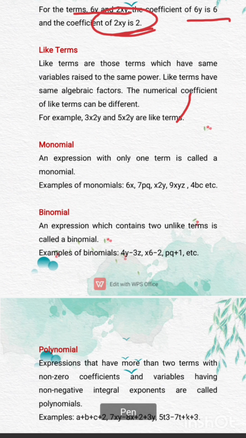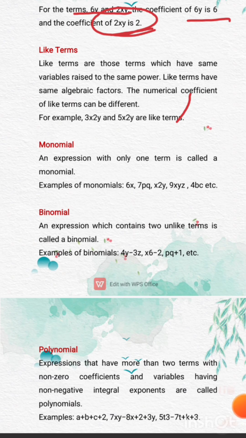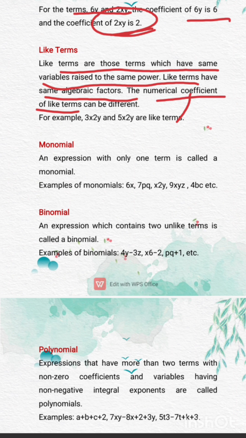Now, what are like terms? Like terms are the terms which contain the same variables raised to the same kind of powers. Like terms have the same algebraic factors. The numerical coefficient may be different. They may be same or different. For example, 3x square y and 5x square y.